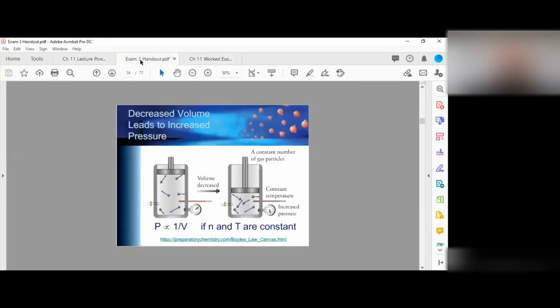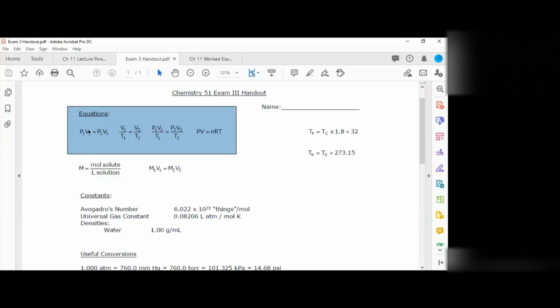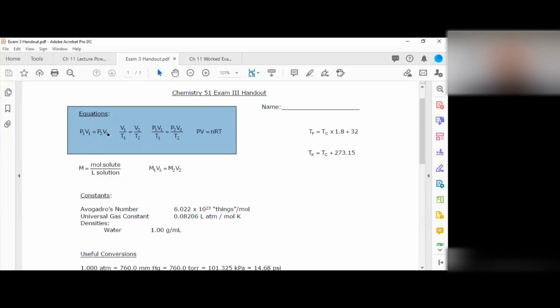And once again, you do not need to memorize any of these equations. They are already there in the exam handout. So right there, P1 V1 equals P2 V2. You will need to plug in what's given to you and make sure that you solve for what's missing. Now, keep in mind, the key thing is that you have to have the 2 pressures in the same unit, and the 2 volumes in the same unit.